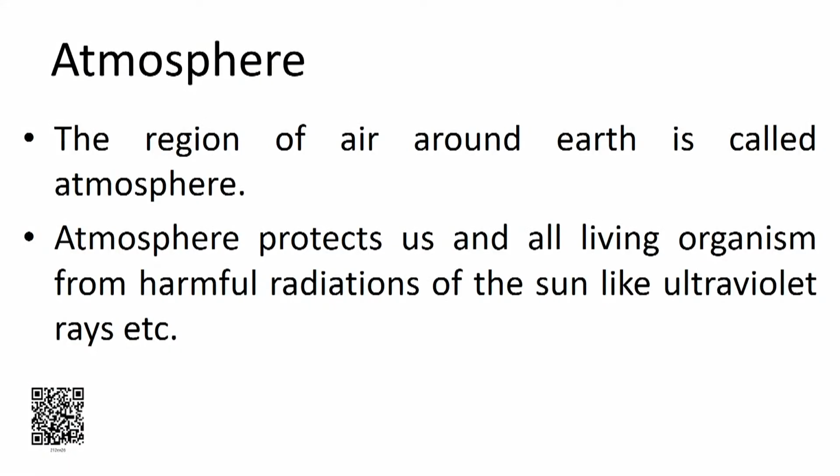We are talking so much about the atmosphere, so now we will talk about its different layers. The region of air around Earth is called the atmosphere, and it protects us and all living organisms from harmful radiation of the sun, like UV rays.